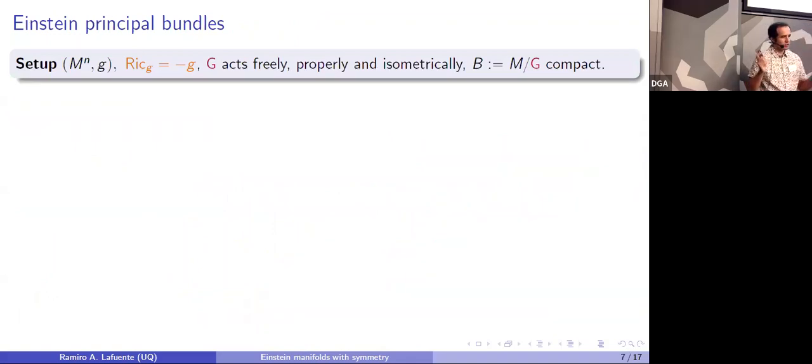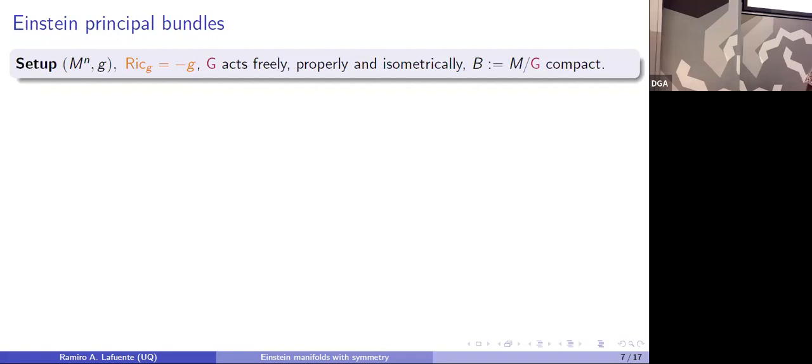if you don't like homogeneous spaces, you can forget about the first 6 slides. And now I will talk about the Einstein equation on principal bundles. Right? So in principle, this is totally disconnected from the previous talk. So this is the case of symmetry where, in general, the quotient is not a point, it can be any compact metric space a priori.